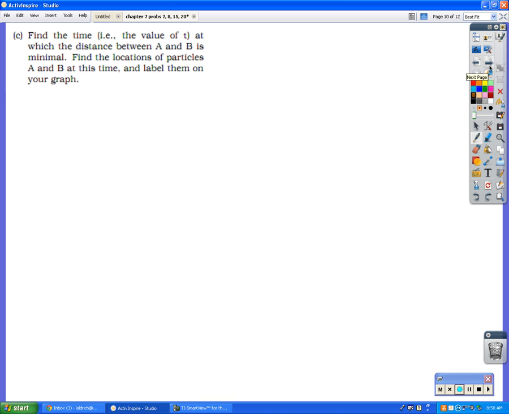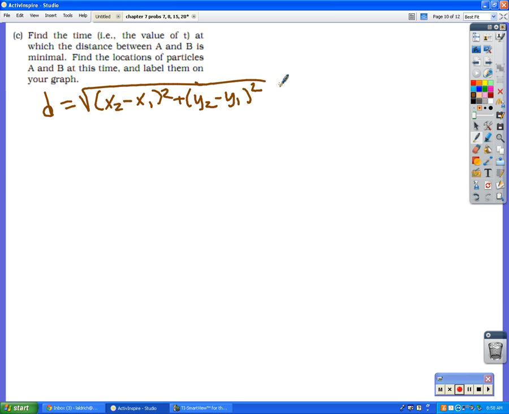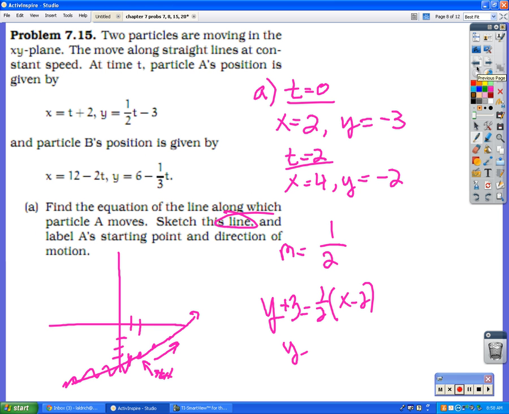We need to use the distance formula, which is the square root of x2 minus x1 squared plus y2 minus y1 squared. Okay, and what we're going to use as our x2 and our x1 and y2 and y1 are these things right here. Okay, so I'm going to call this x1, we'll call this y1, and we'll call that x2, and I'm going to call that y2.